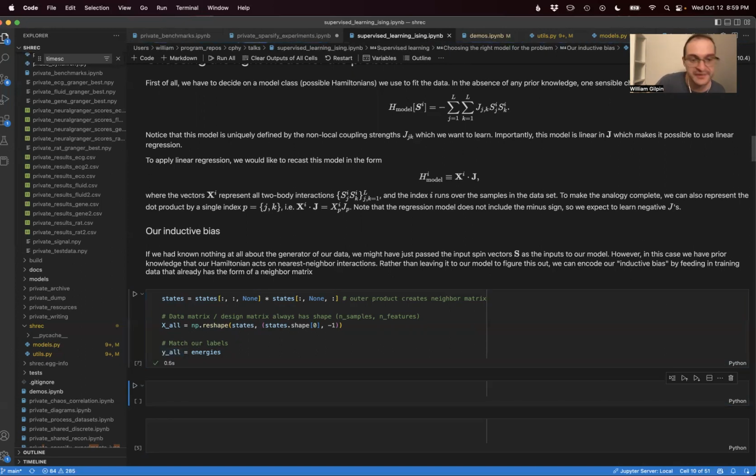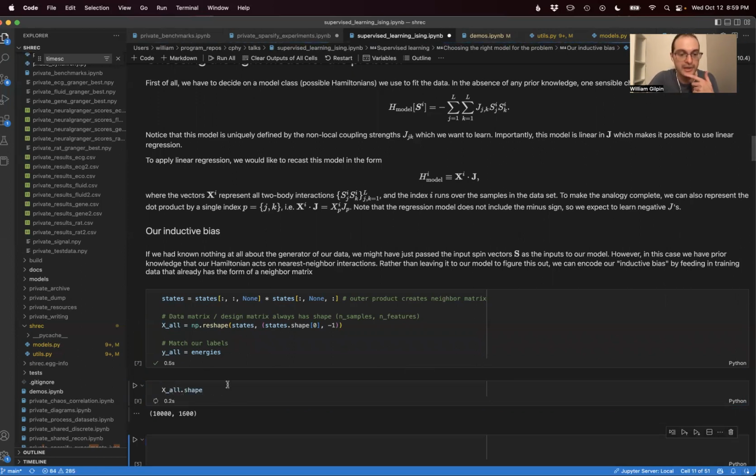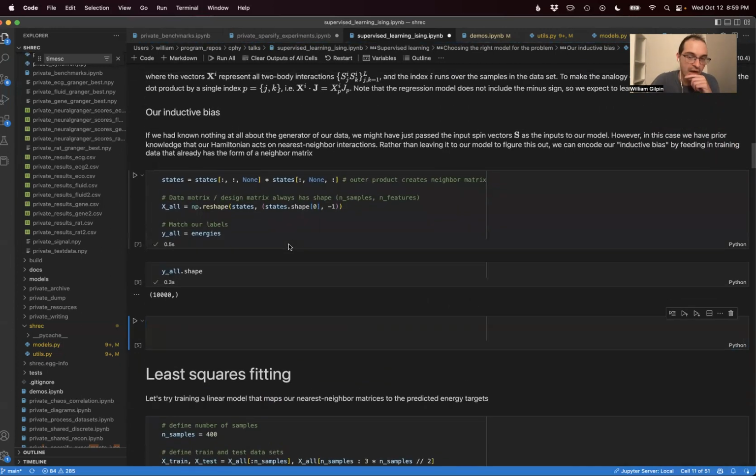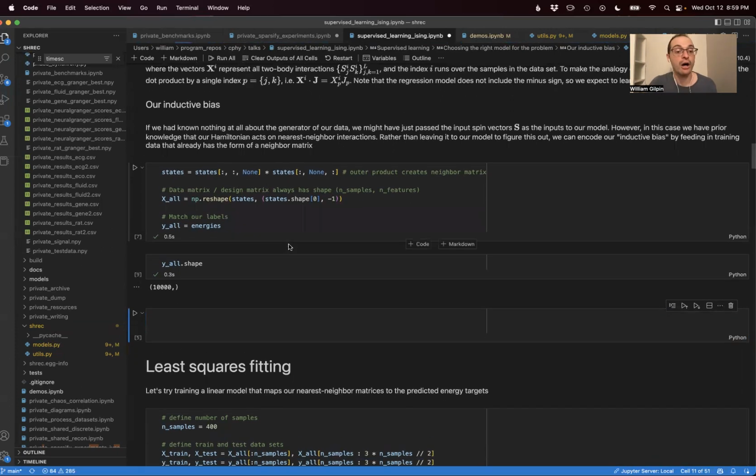So I'm going to go ahead and run those cells. And just to double check our sanity, we're going to check that xall.shape equals 10,000 by 40 lattice sites squared, the outer products. And then yall is that. Okay, so we've used an inductive bias to shape our data from our experiment in a way that's going to be amenable to the application of our model.